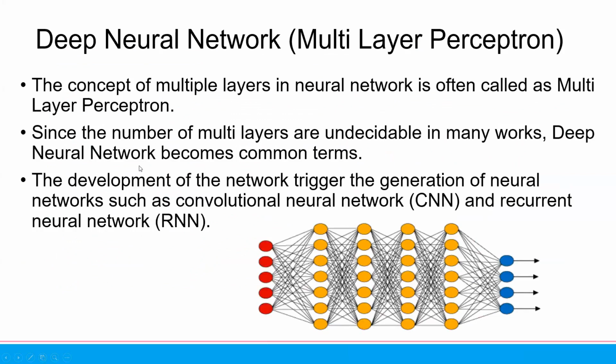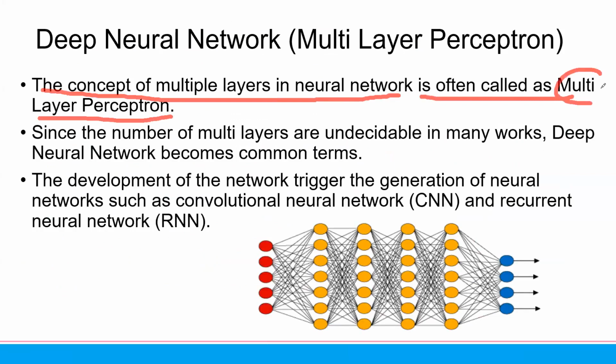So when we use the deep neural network or the multilayer perceptron, the concept of multiple layers in a neural network is often called a multilayer perceptron. Multi means many. We have many layers.